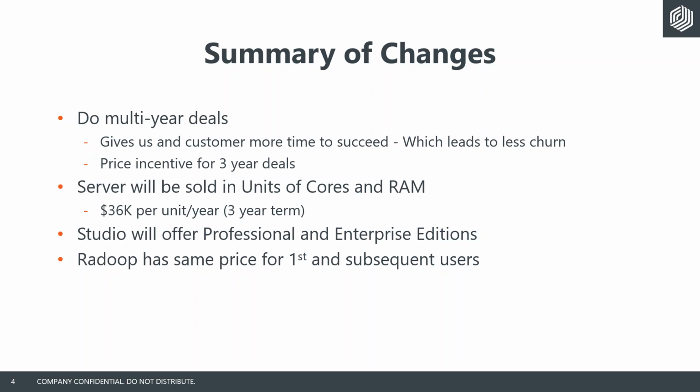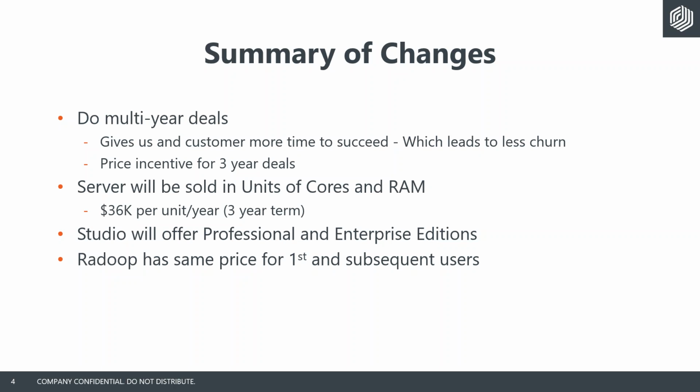So we've also now priced the product so that if you buy for 3 years, you get more discount. The servers will be sold in what we call a unit, and that's based on the number of cores and RAM that fit into one of those units. They will be charged at $36,000 per unit and year with the 3-year term, and I'll dive into the details there.